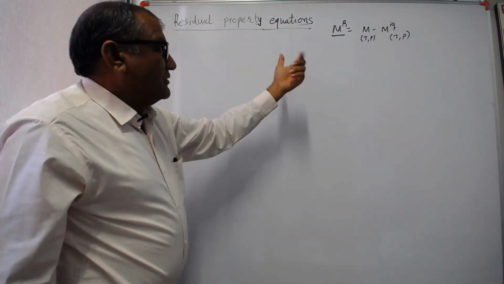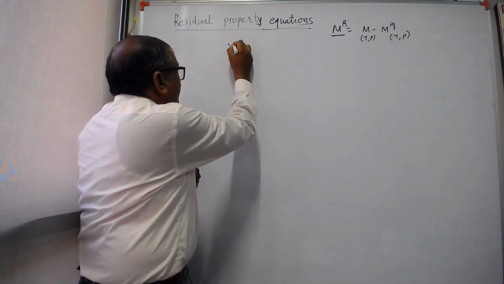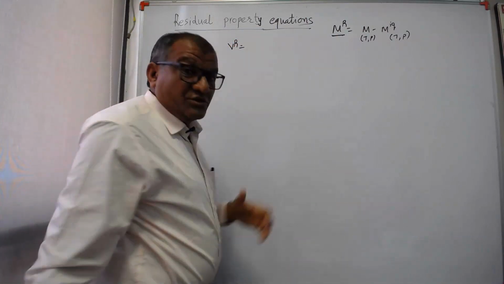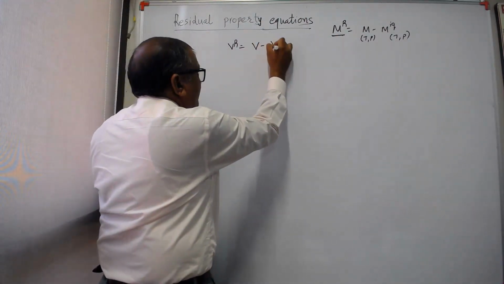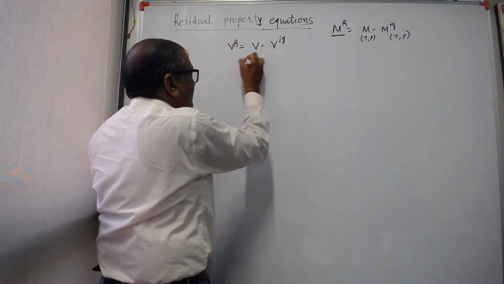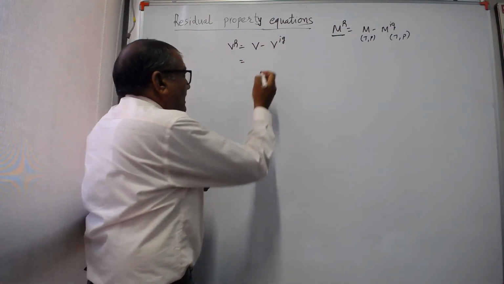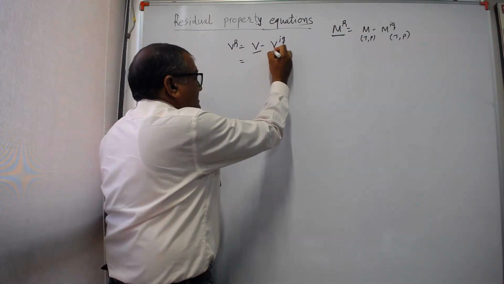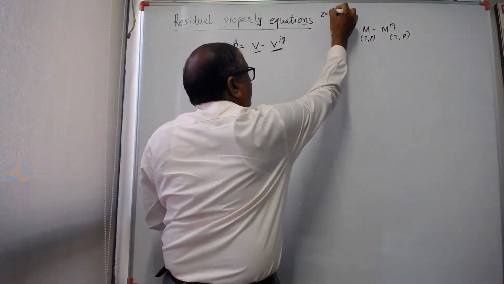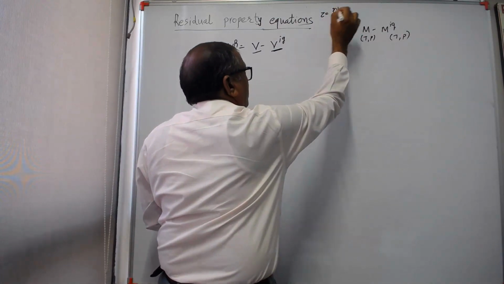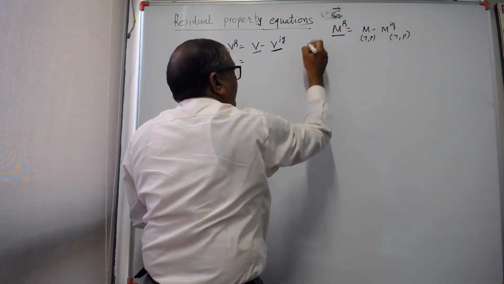Let me write the first property, that is V^R, the residual volume, and it can be defined in this way: V minus V^ig. This is for a real gas, this is for an ideal gas. So for a real gas, this is the definition of the compressibility factor.